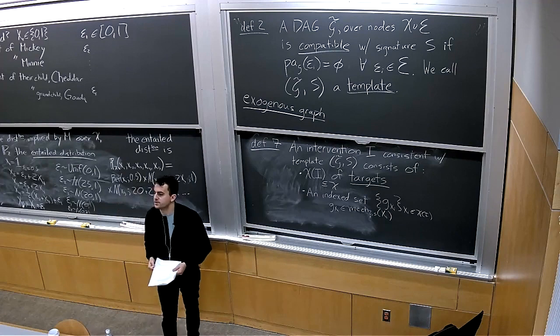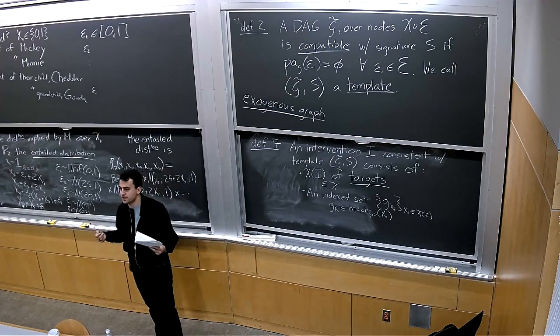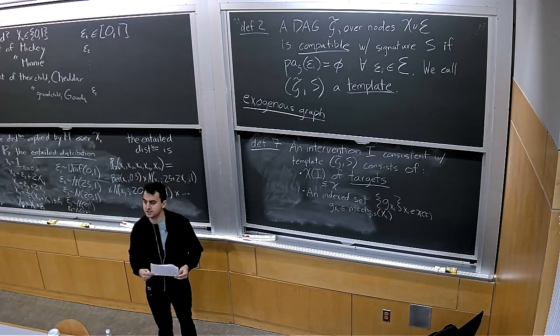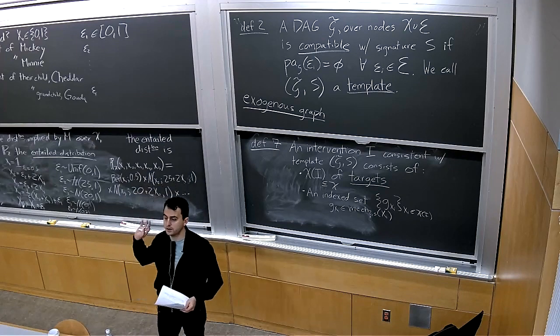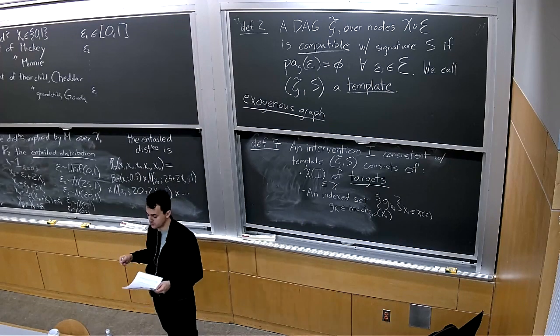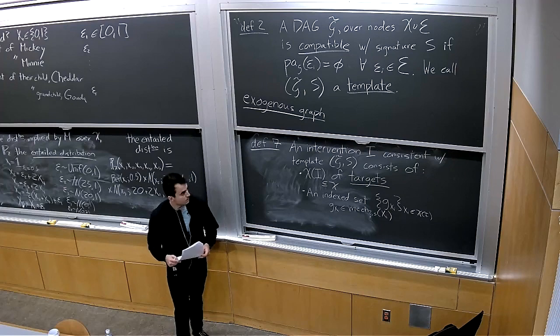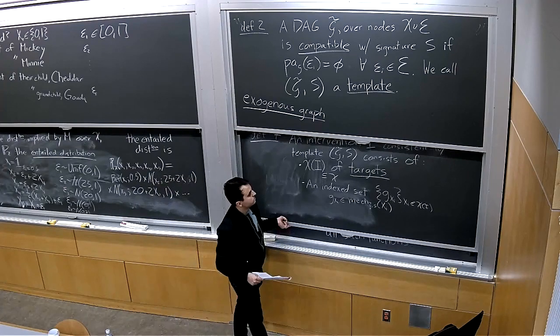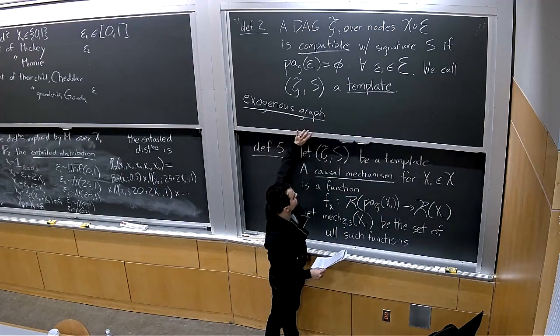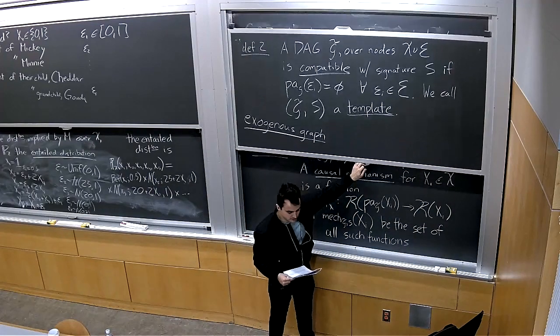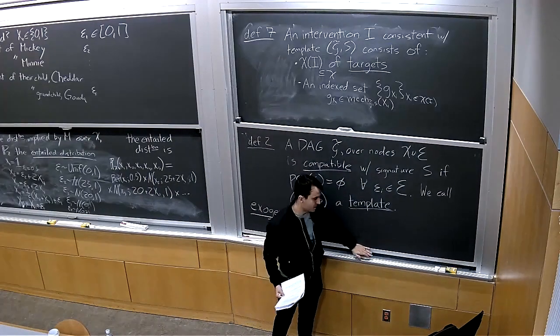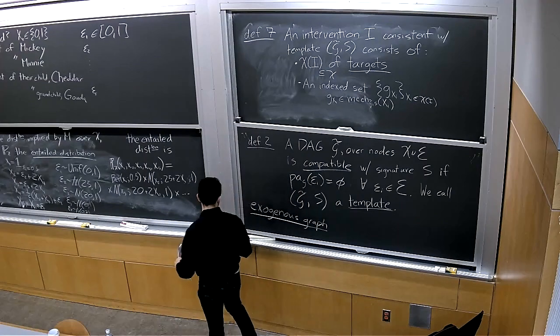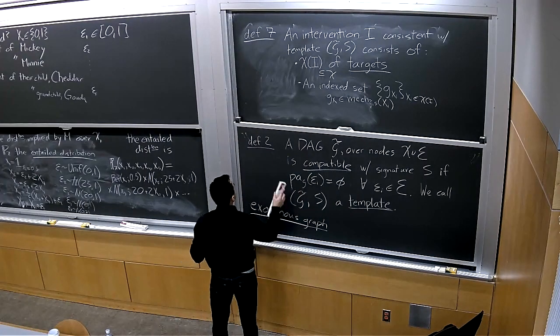And we'll refer to those as the interventional mechanisms, or the interventional causal mechanisms, to distinguish them from the original causal mechanisms in our structural causal model. So if we have an intervention, we can basically apply that to a structural causal model to get a new structural causal model.